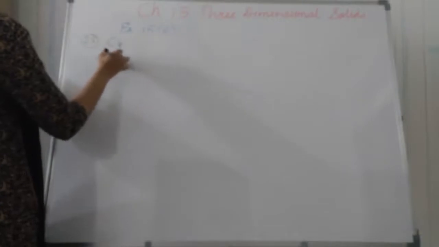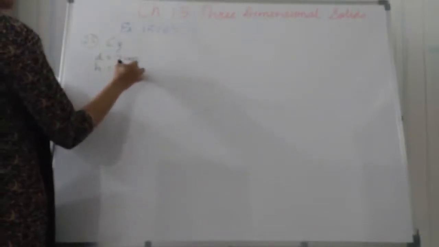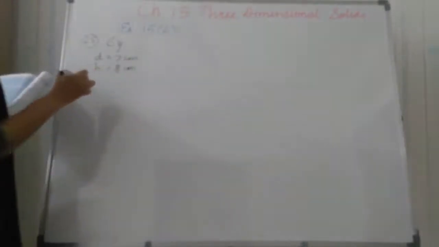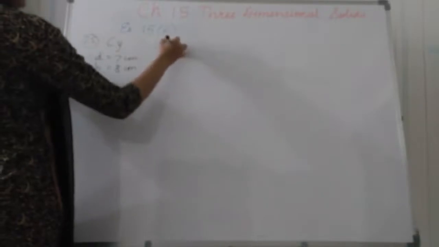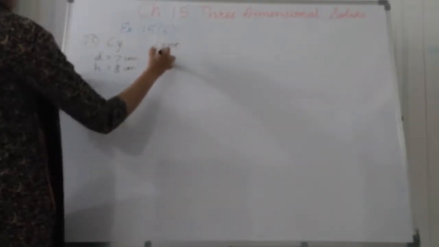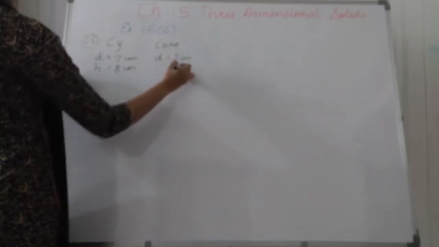Cylindrical vessel, so it means it is cylinder shape whose diameter is 7 cm and height is 8 cm. And also in it there is a cone shape placed. So cone, here the diameter of base is 7 by 2 cm and height is 8 cm.